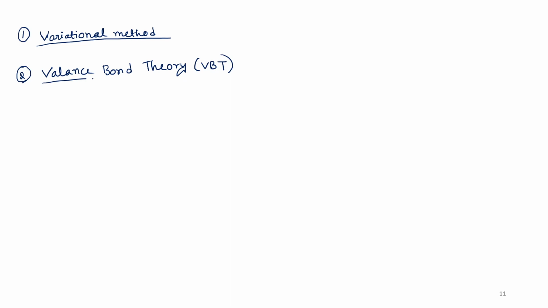In VBT, what you have seen is that when two nuclei are far apart, two hydrogen orbitals, suppose, A and B, when they are very far apart, R equals infinity, you can write the psi VBT overall for H2.